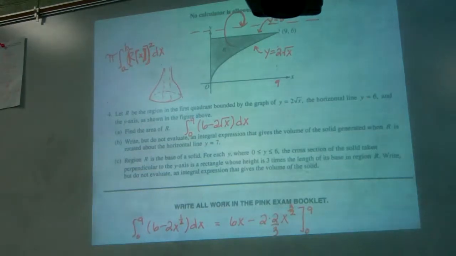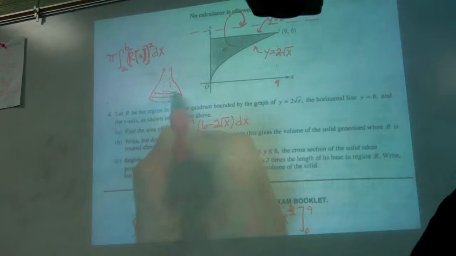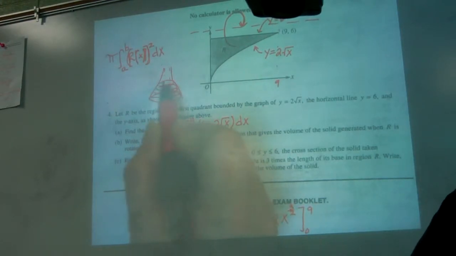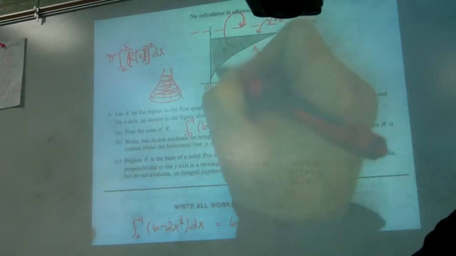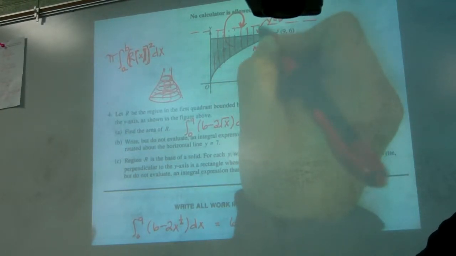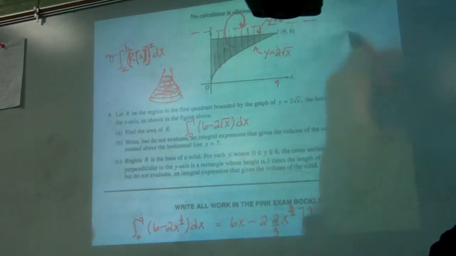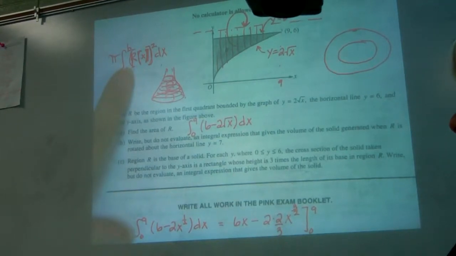If I start slicing it, the cross sections aren't discs, they're what we would call washers because they have a hole in the middle. Does that make sense? Each slice, when I slice this, has this hole in the middle, so it makes a washer like this. Like that. So you have to modify this a little bit.